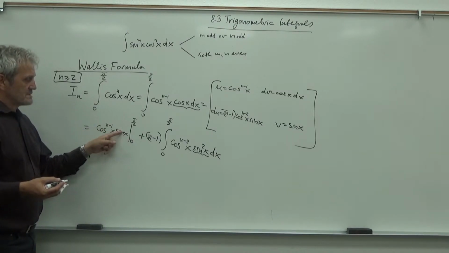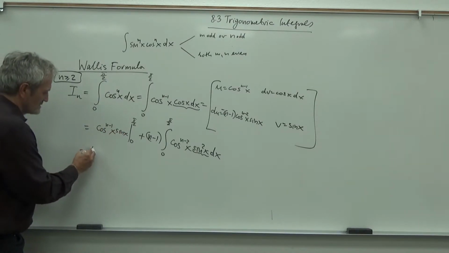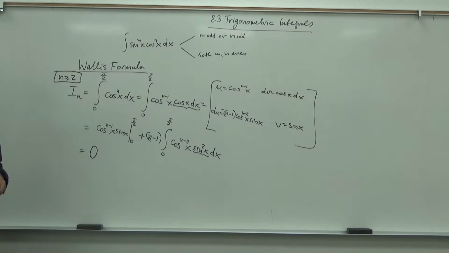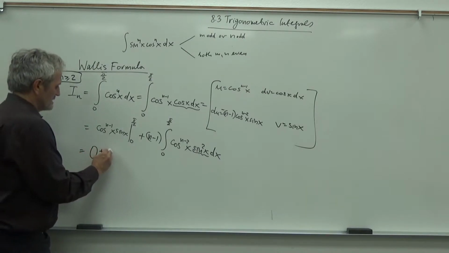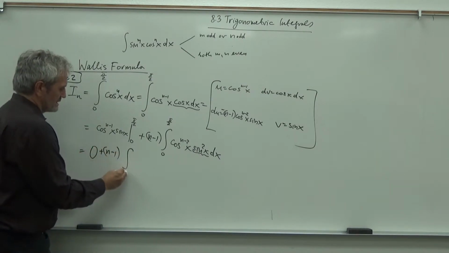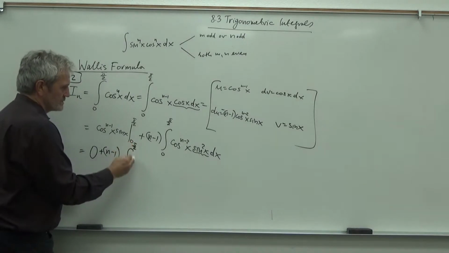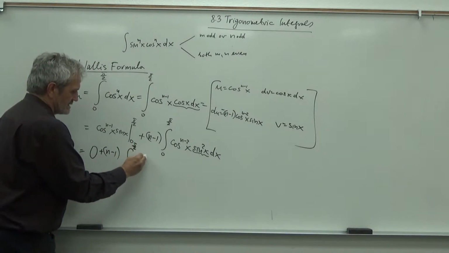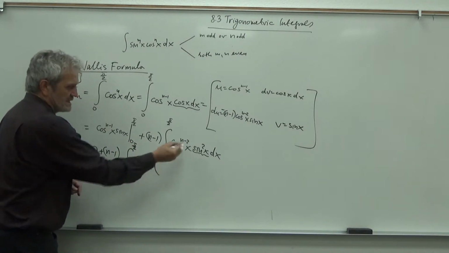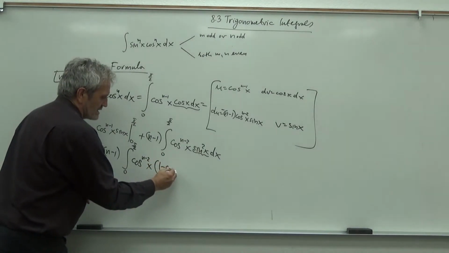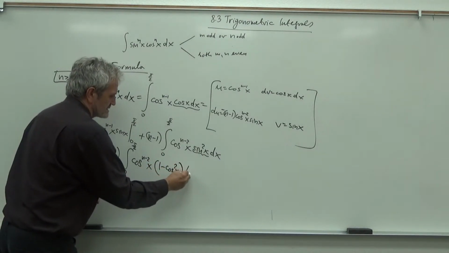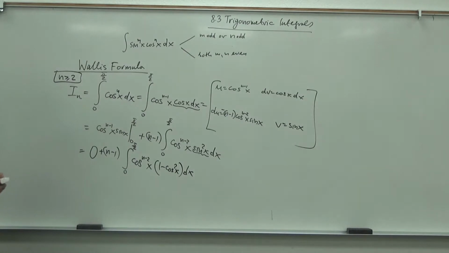When you plug in 0, you get sine of 0 to be 0, so that first expression is just 0. Plus n minus 1 times the integral between 0 and pi over 2 of cosine n minus 2 x, then sine squared x is just 1 minus cosine squared x dx.